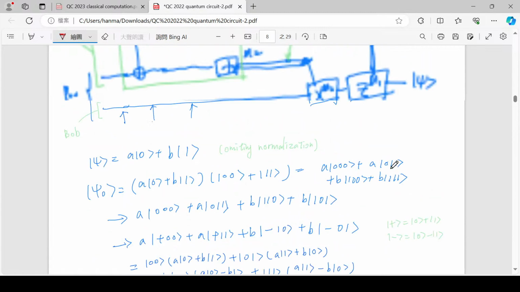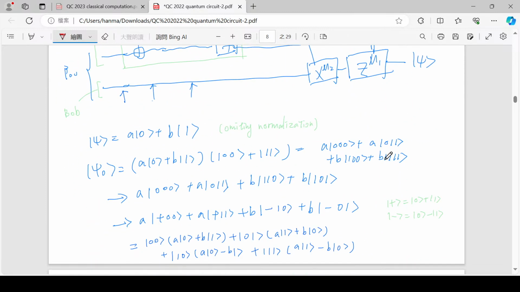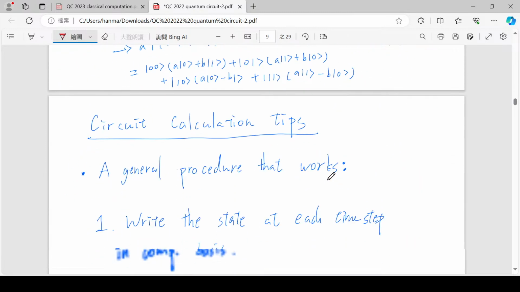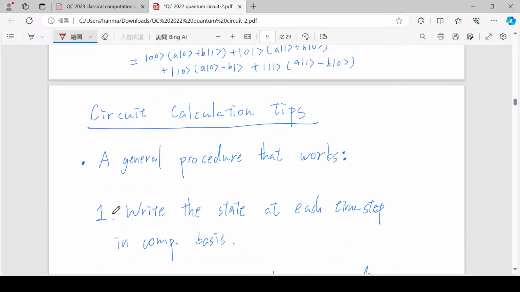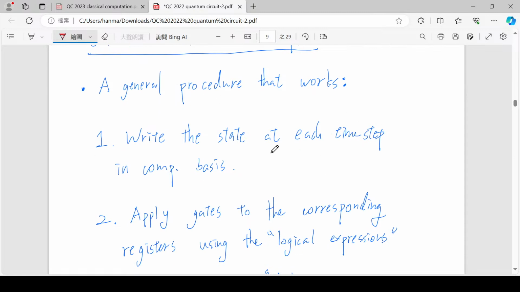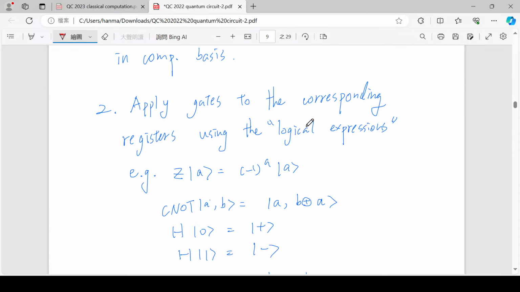Okay, and I want to skip a little bit and go back to this tip. As we said, this is a general procedure of how we work. We want to write a state at each time step in the computational basis, and then apply the gate corresponding to each register using this logical expression.